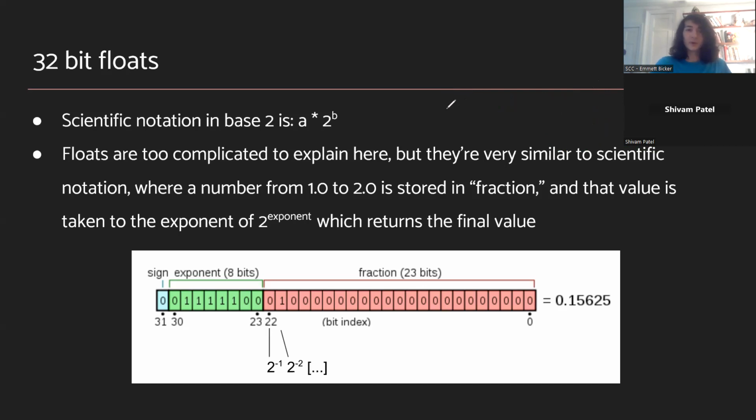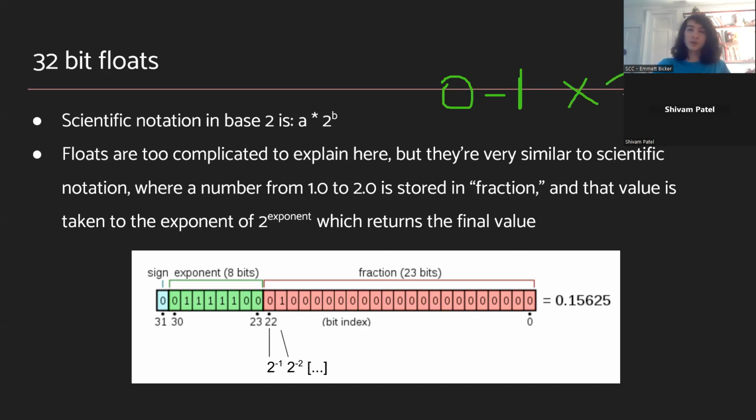So a float in a computer is stored by having your fraction, which is this bit over here, which is going to be representing a value from, I believe, 0 to 1, not including 1. So the most this could be would be like 0.999999 something.